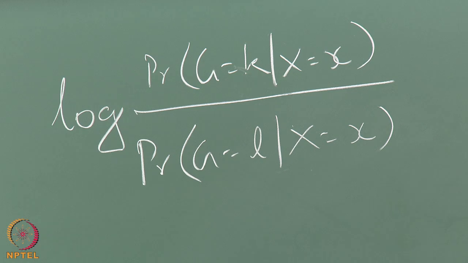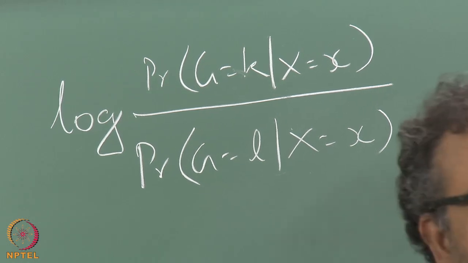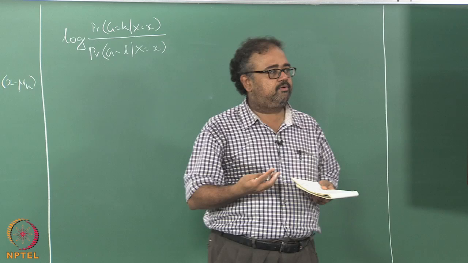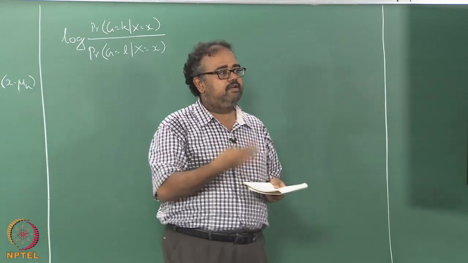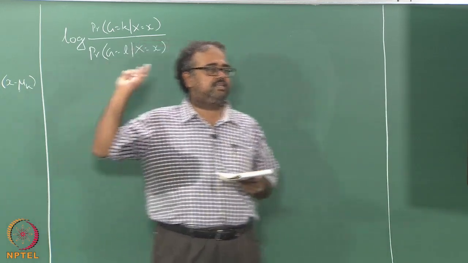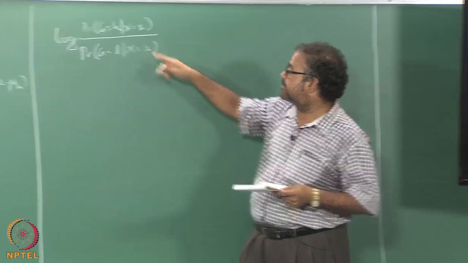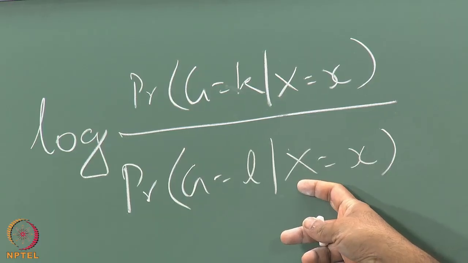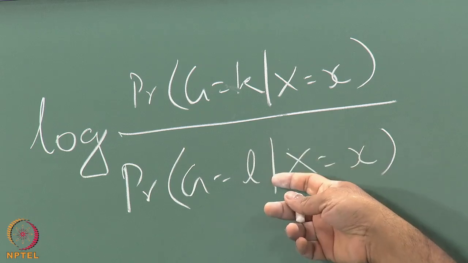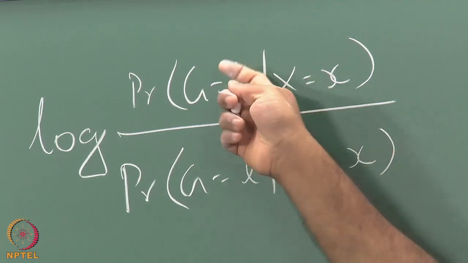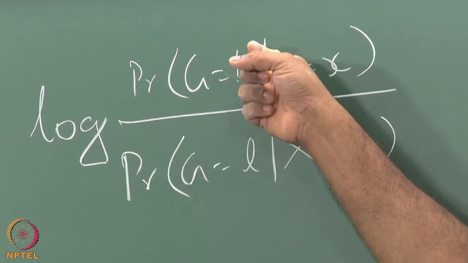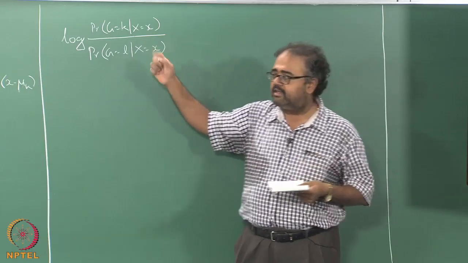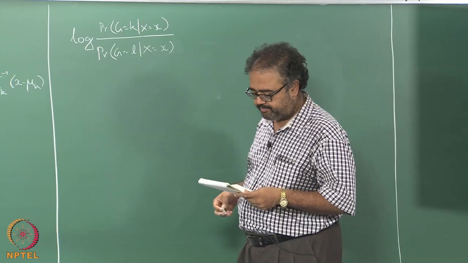Assuming there are only 2 classes, you have to make one comparison, but suppose there are really k classes, you will have to make k minus 1 comparisons to figure out which class it belongs to. So this essentially gives you the boundary. When the probabilities are equal, it could go either way, so this is going to be 0. When it actually belongs to class k, the numerator will be higher; when it belongs to class L, the denominator will be higher. Based on that you can decide which side it is going to go.